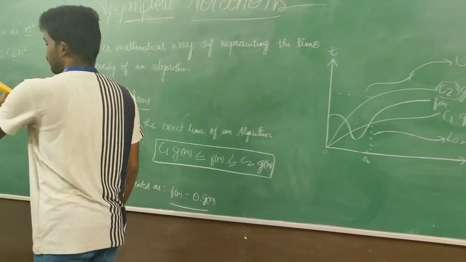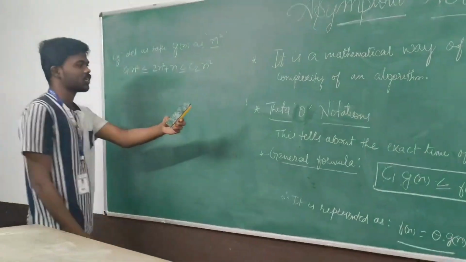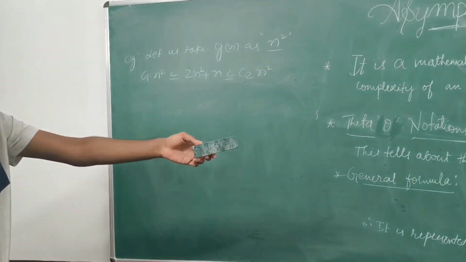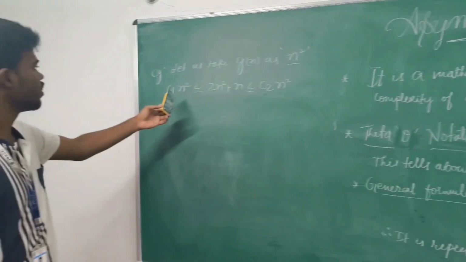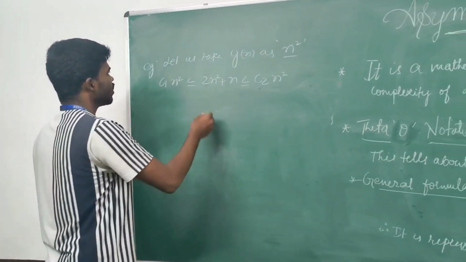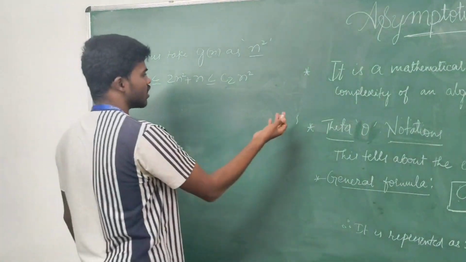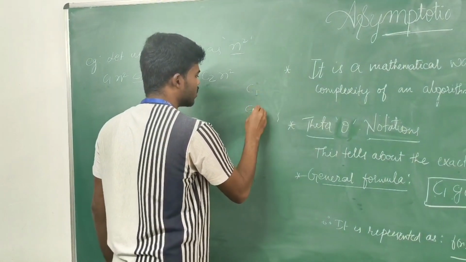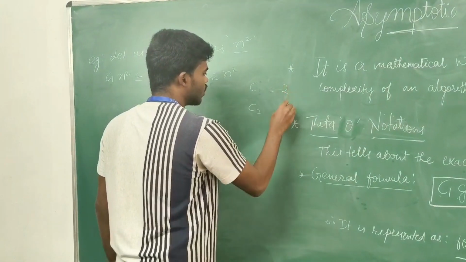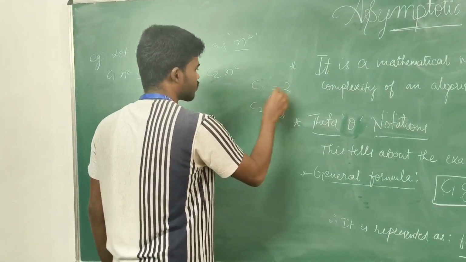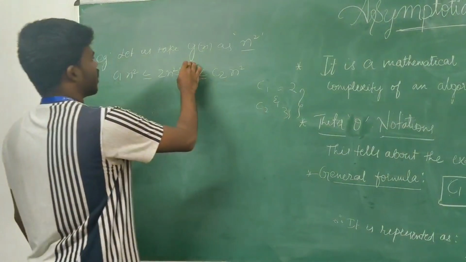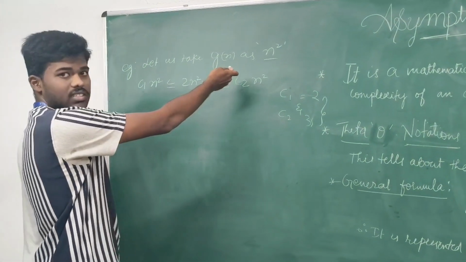We can understand the theta notation by taking an example. In this equation, let's assume that c1 and c2 are equal to 2 and 3 respectively, and taking the function g of n as n square.